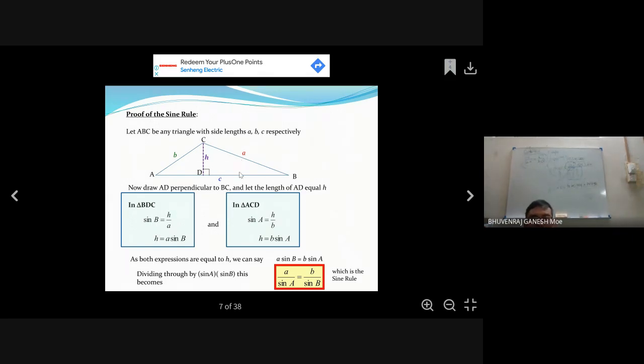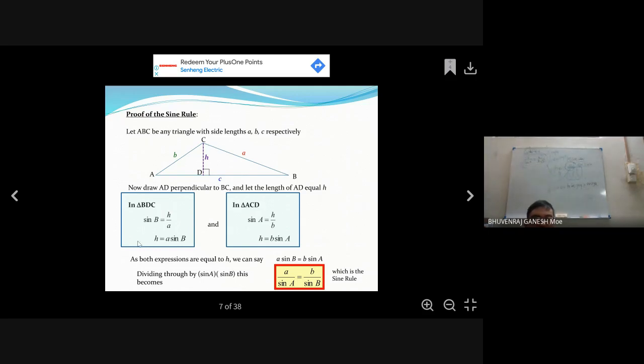So it's sine B, the angle here. To find sine B, we take opposite over hypotenuse. This is the basic trigonometry ratio we learned in Form 3. The opposite is CD, because it is opposite this angle, so we take h over the hypotenuse. The hypotenuse is the side not involved in forming the right angle, so the hypotenuse will be CB.